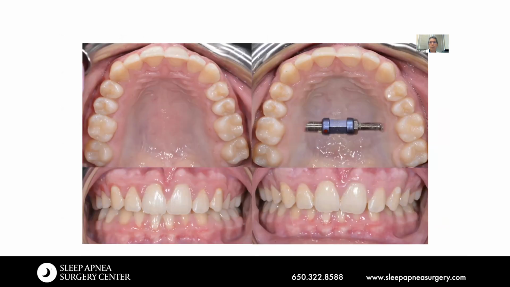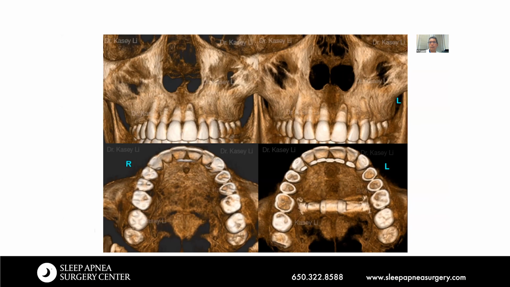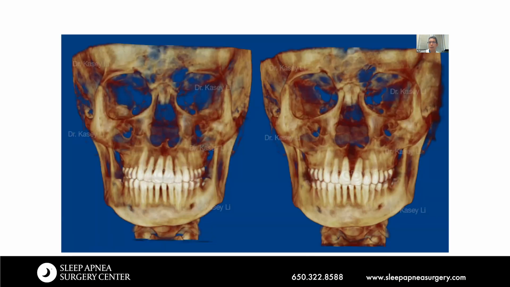Getting older, he was expanded. You can see the extent of it. He's about an 8mm expansion on the bone, 7 or 8mm on the bone only, without changing the position of the teeth, not creating a huge diastema, okay?